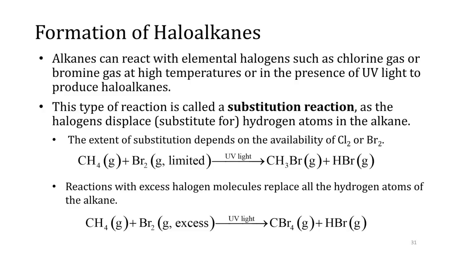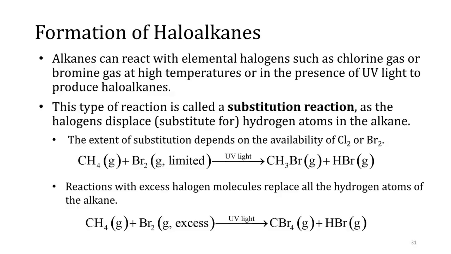In the first case, we have methane plus limited amounts of bromine vapor. We end up with methyl bromide plus hydrogen bromide. But if we add enough bromine around, we can replace more than one. Your slide here shows you replacing one, but you can replace 2 or 3 or all 4.